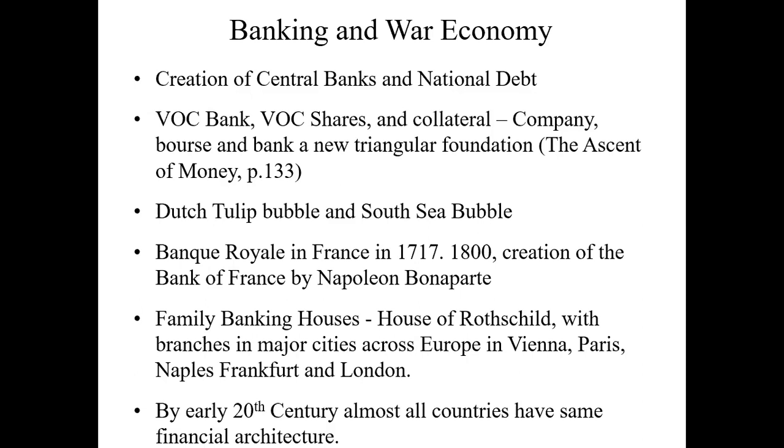And what follows then is what's known as the famous South Sea bubble. Ironically, this is again another charter issued through the government to support basically a monopoly of trade with the Spanish colonies, South America and so on.